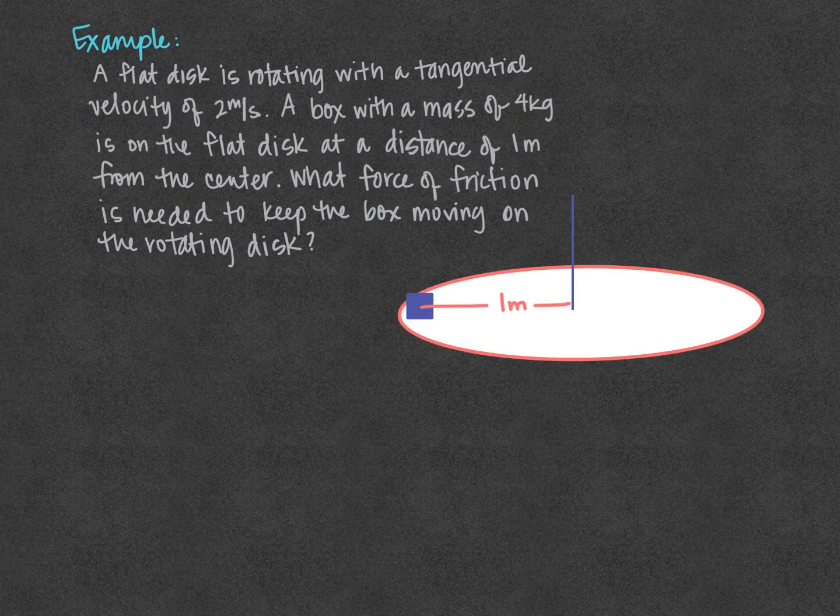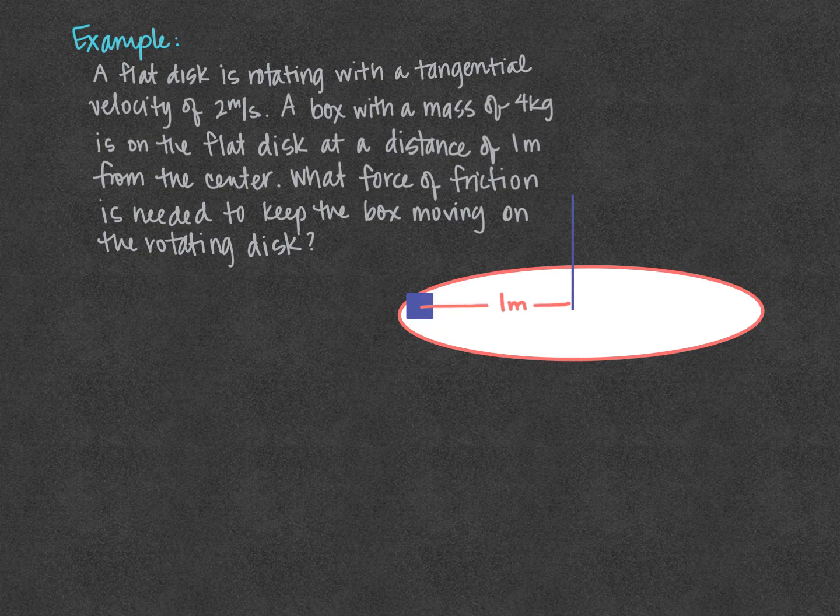So if the box is sitting on the disc and it's moving around and around this axis and the box doesn't slip, and it has a tangential velocity, so that's the velocity tangent to the path that it's making, of 2 meters per second, what friction force would need to be applied to the box?